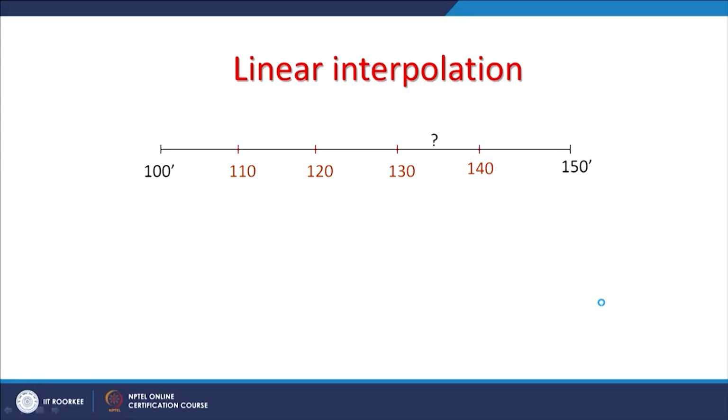If I take the linear example, a very simple example, say I have 100 feet here, 150 feet here, and there are markings. If exactly between 130 and 140 feet I want to know the value at this point, it is very easy to predict, because based on this linear distribution of values, I can predict that it should be 135. But only if things are linear, having a linear relationship.